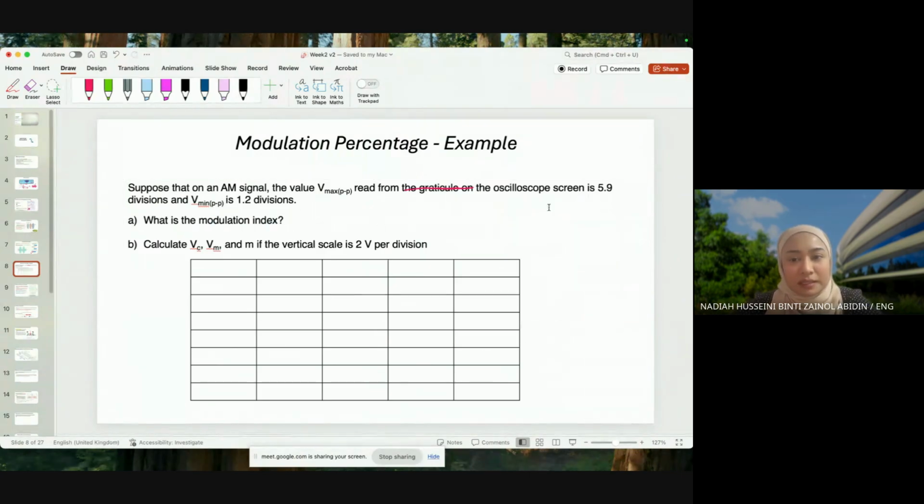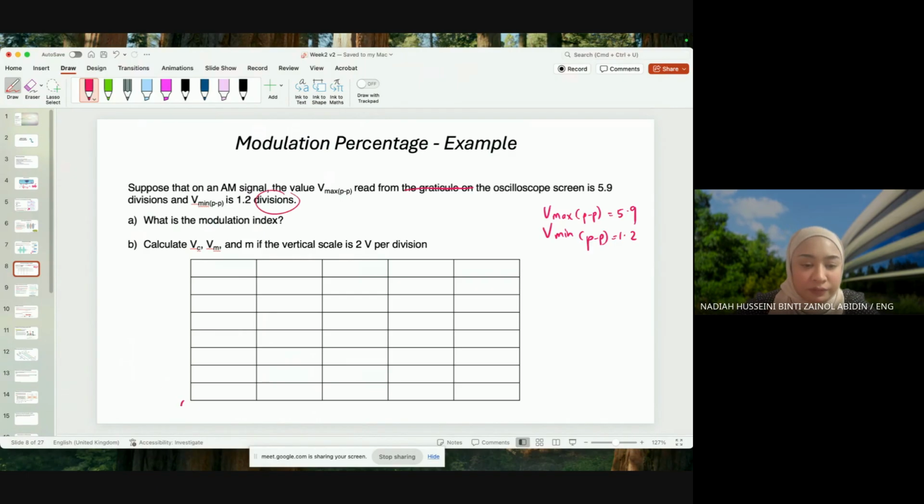On the oscilloscope screen, 5.9 divisions is the Vmax peak to peak. Let's write that down: Vmax peak to peak is 5.9. And then we have Vmin peak to peak, 1.2 divisions. When they say division, it just means the boxes.